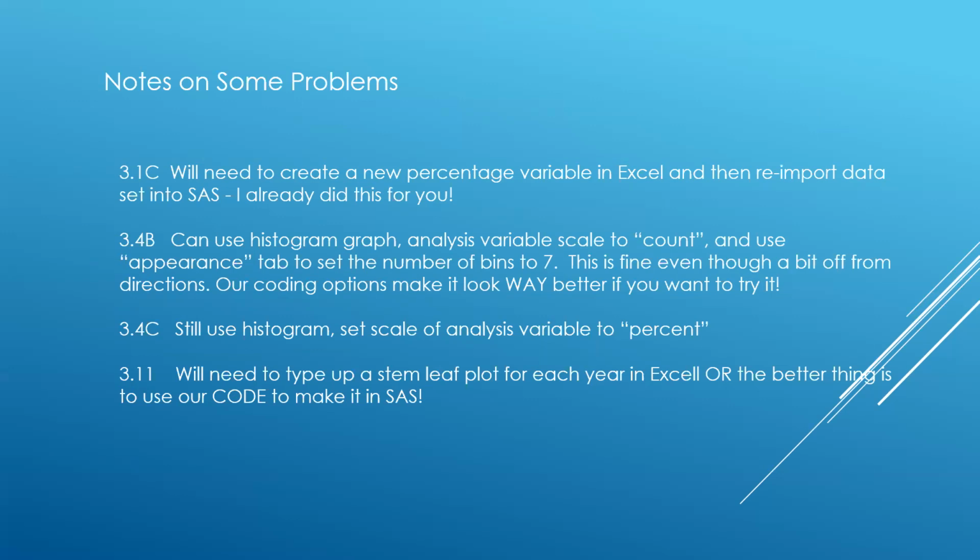The rest of this is just talking about how to work some of these things in SAS. Some of the questions I want to draw your attention to: in 3.1c, you need the new percentage variable to do the question properly, because they ask you to do a pie chart for amounts, and also a pie chart for percentages.